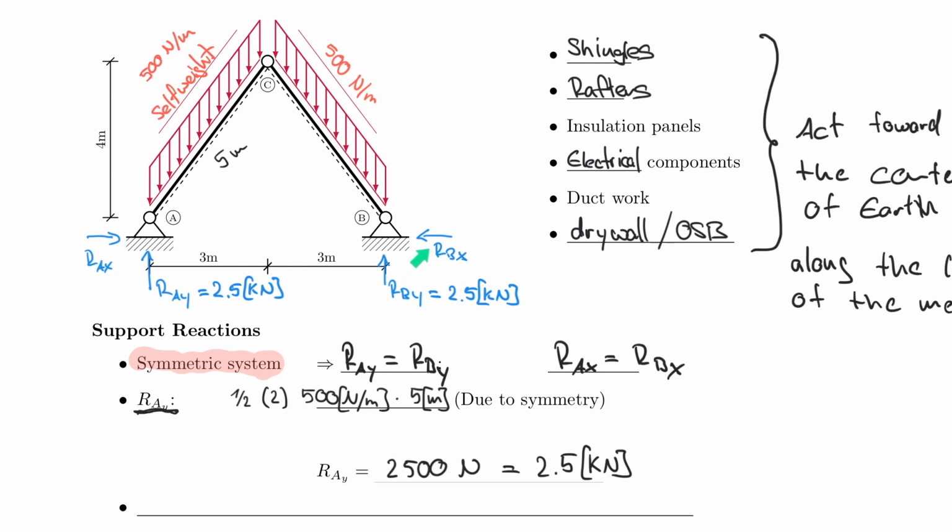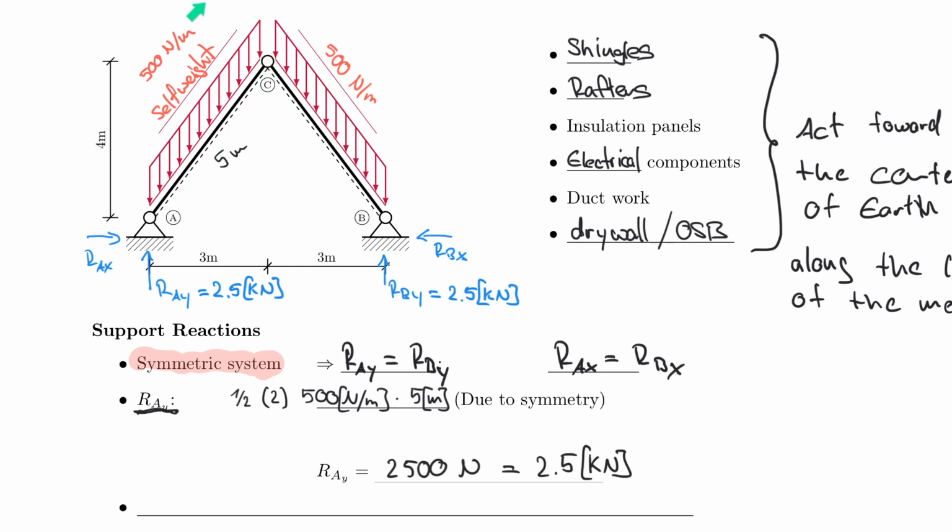And if we remember from our last lecture, when we have systems like these, frames with a hinge in the middle, or anywhere for that matter, we can always take the sum of the moments about that point and use the condition that the moment is equal to 0 at that hinge. And so therefore I can just take half the system and rotate about C.